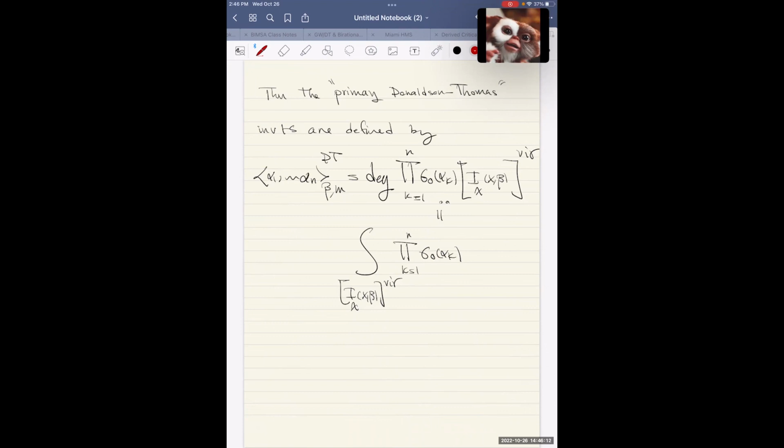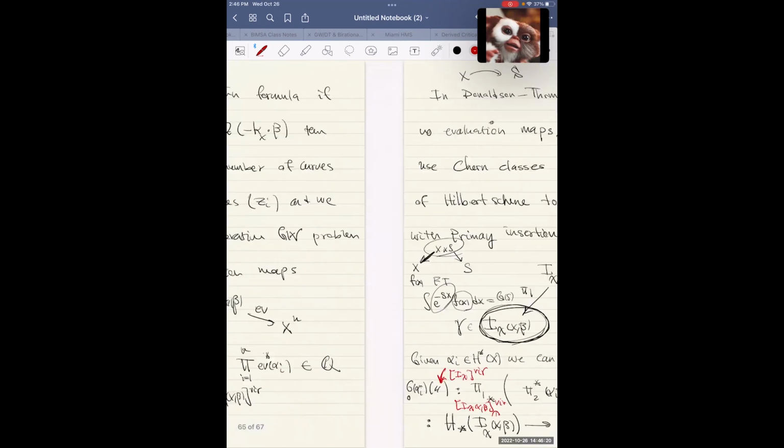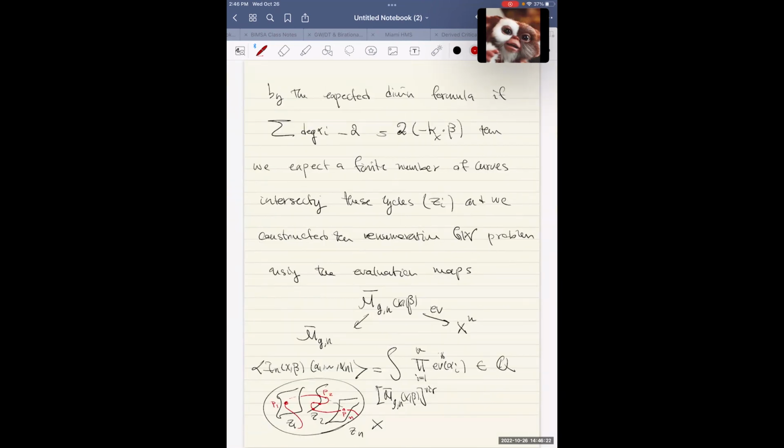What does that Donaldson-Thomas invariant mean? Well, it's not so easy to make sense of it geometrically the same way that we did for curves. Count curves that pass through certain cycles. Well, we can't really do it that way, but there is a good way of relating it to this picture, which I'm going to do next time.